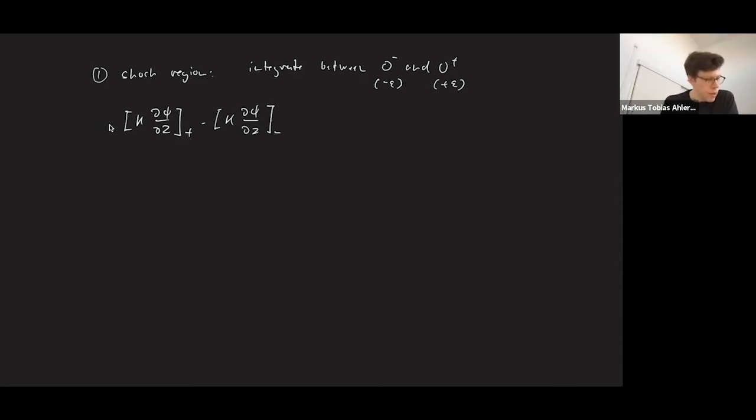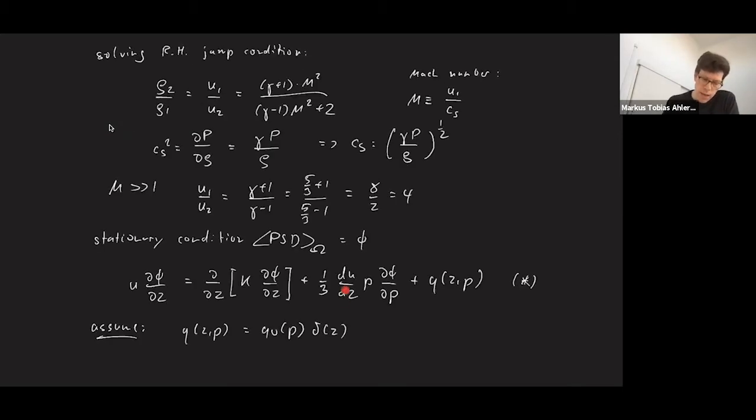And we will assume that the derivative of the velocity across the shock is given as, so this expression here, du over dz, is going to be the difference between the two velocities, u2 minus u1, times delta z.